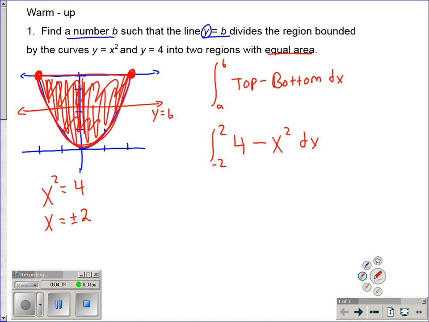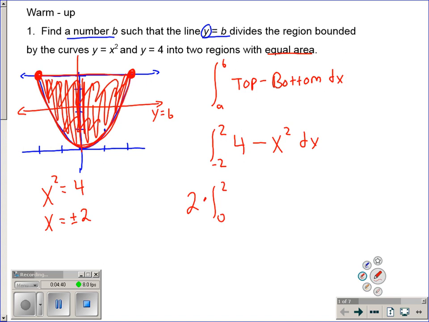So wouldn't you agree that this integral that I just set up is equivalent to 2 times the integral from 0 to 2? Can I not just double half of this area from here to the right? Because it's symmetric, those areas are going to match up. This happens a lot when we're taking the area under the curve. We often have polynomials that are symmetric about the y-axis, so we can just double half of it. Okay, so let's keep that in mind.